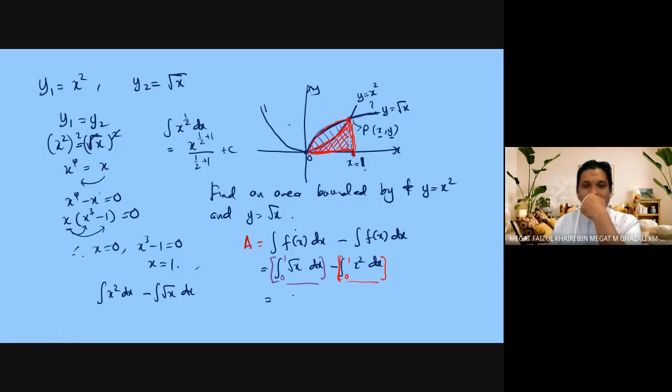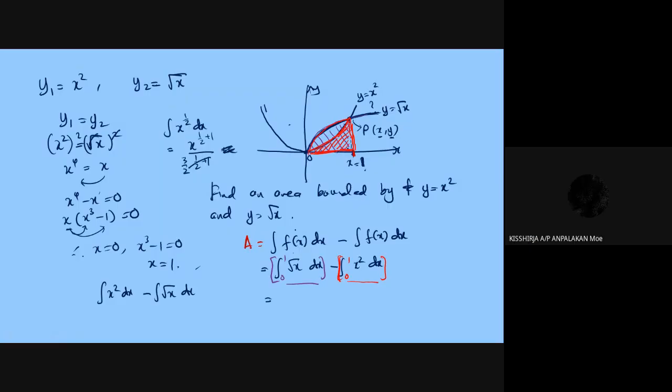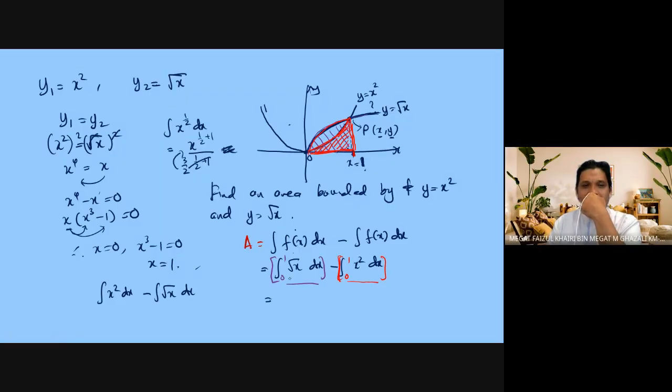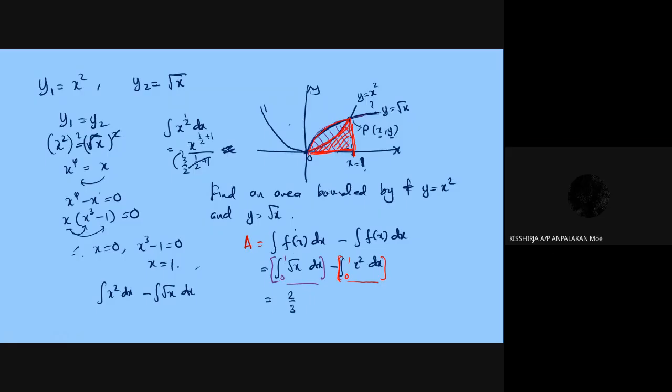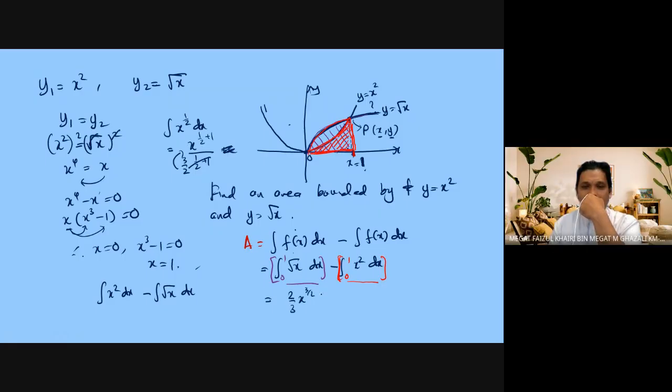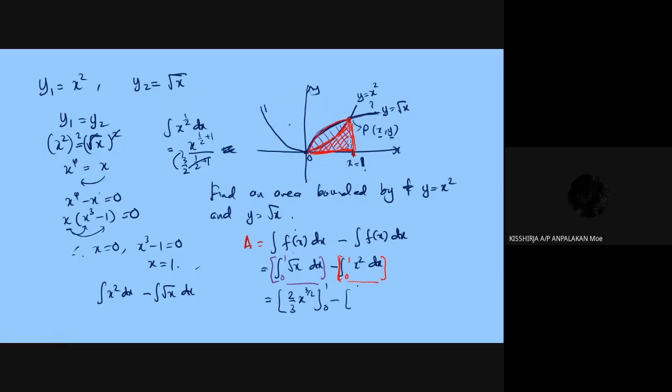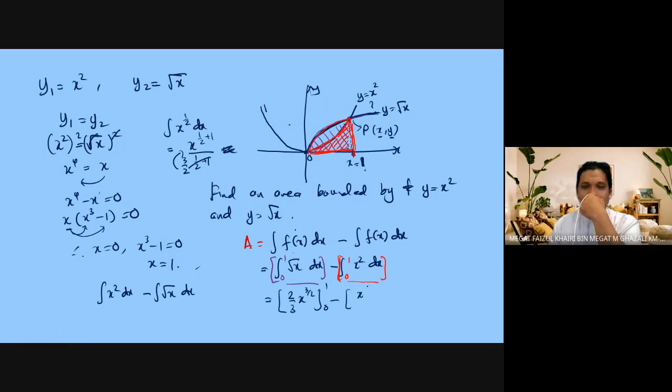Okay, but then we don't need c here because we have the limit of x from 0 until 1. A half plus 1 equals 3 over 2. 3 over 2, bring above and it becomes 2 over 3. So 2 over 3 x to the power of 3 over 2 from 0 until 1, minus x to the power of 2 plus 1, which is x cubed divided by 3, from 0 until 1.